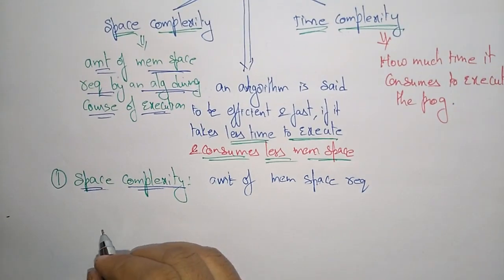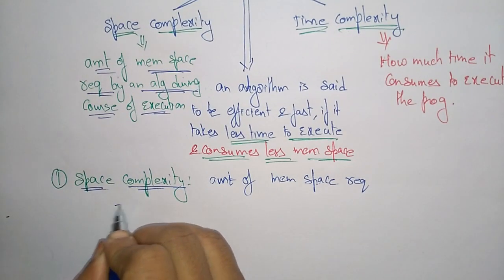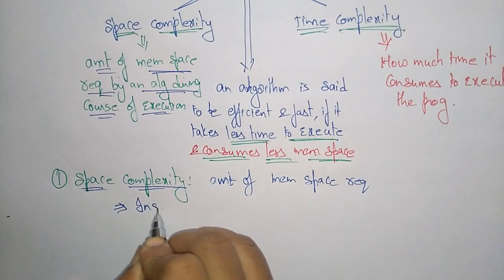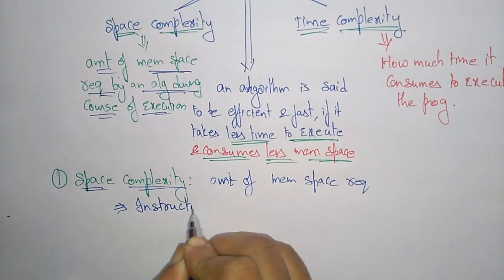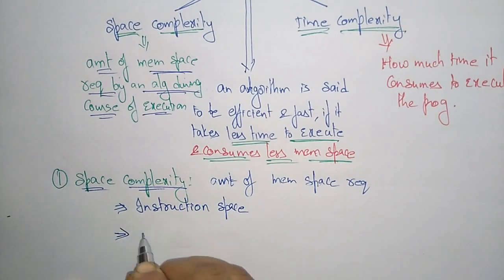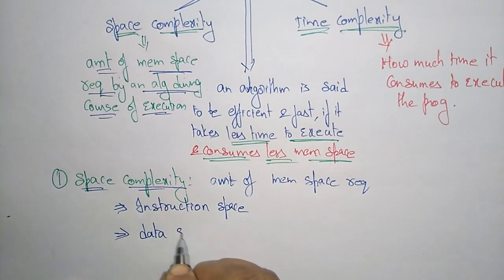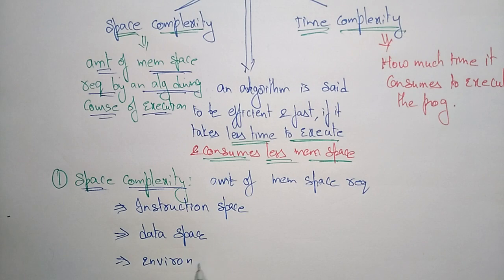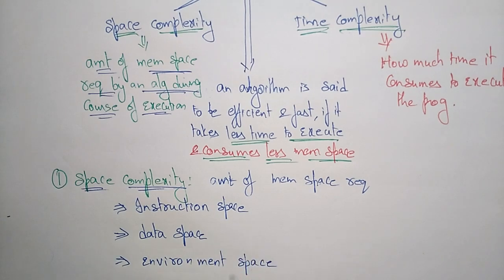The algorithm generally requires space for instruction space, data space, and environment space. For these three reasons the algorithm generally requires space.